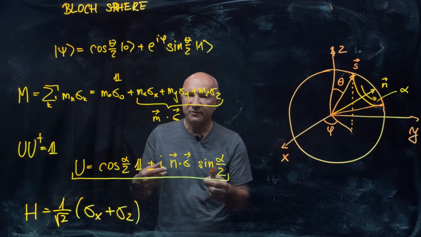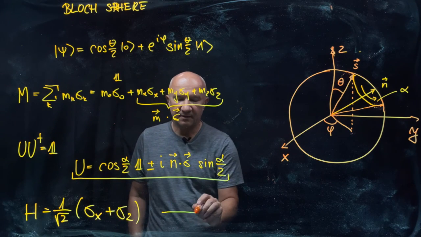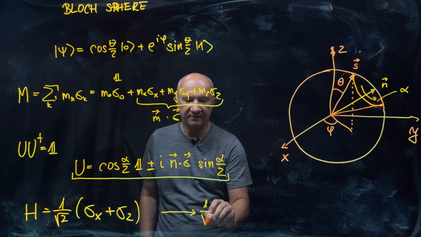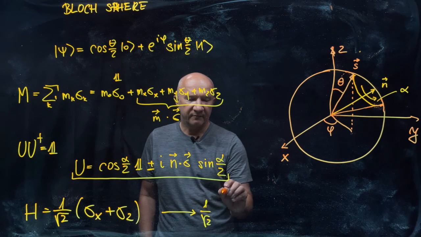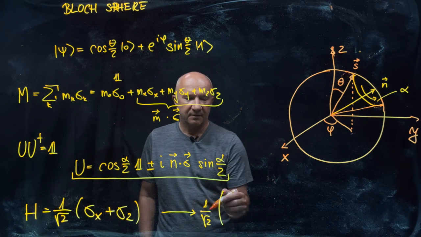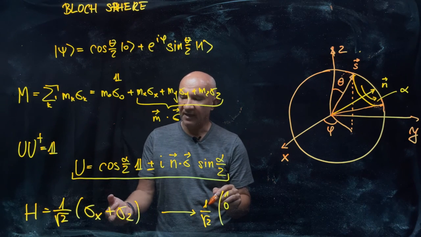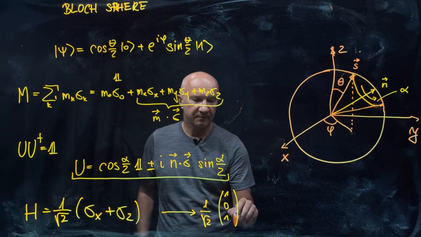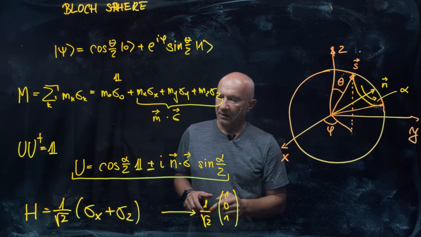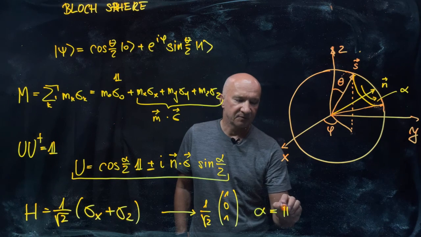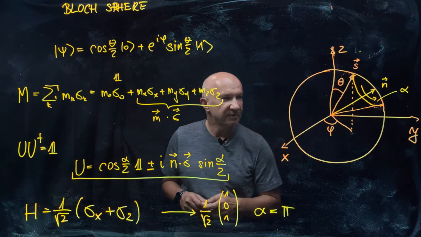So in terms of rotations, you can figure out that the unit vector n is given by those three components. It has only x and z components, and the angle alpha corresponds to a rotation by 180 degrees.